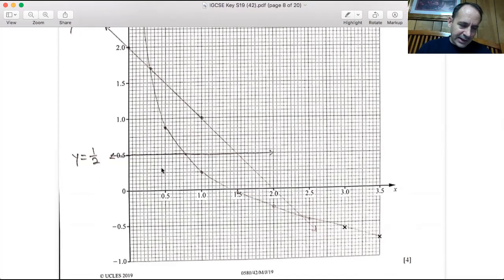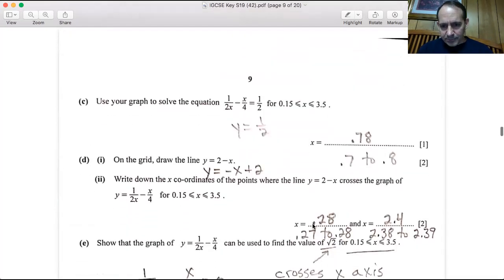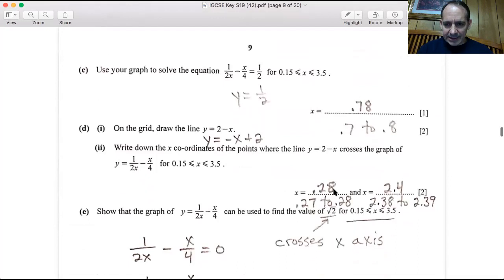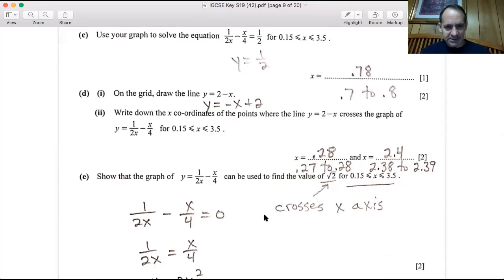Looking at it with your eyes might make you go cross-eyed trying to look at all these lines. So I put down 0.28 and 2.4, and you can see that they give you a window of 0.27 to 0.28, really small window there, and 2.38 to 2.39. So you have to be quite precise to get the points.